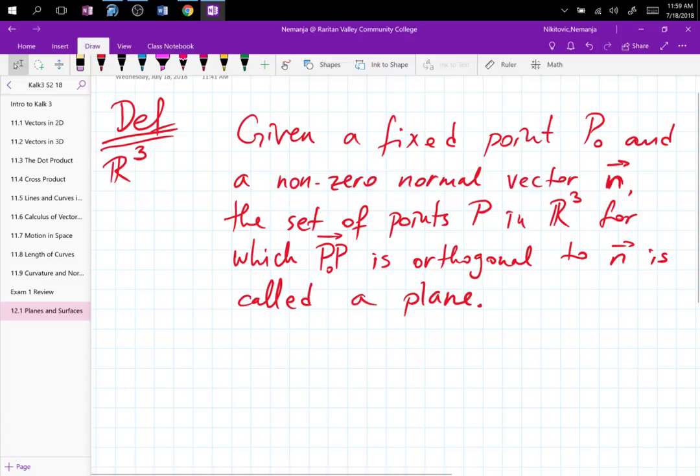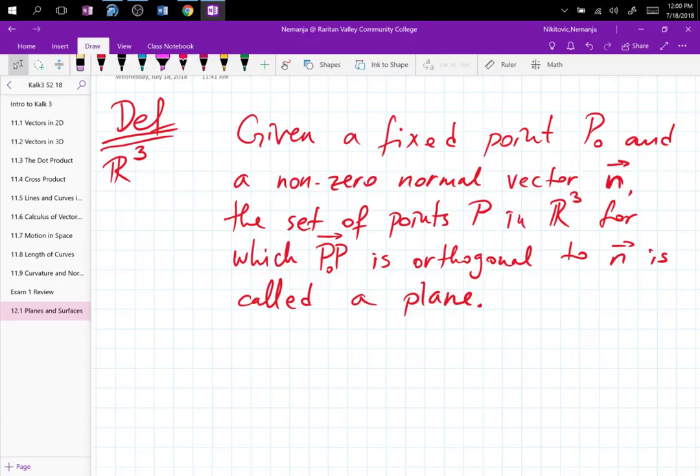So we cannot define a plane by saying, yeah, it's a flat surface. The way we define a plane is we pick a point on a surface and we put a vector at that point. So now that point is point P0. And all other points here are points P, because the coordinates of the points P are x, y, and z.